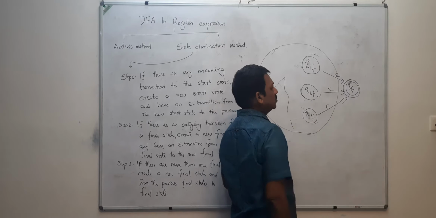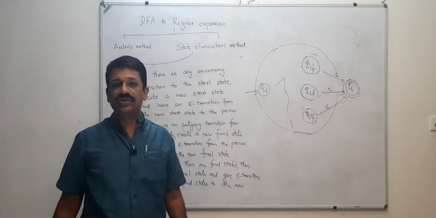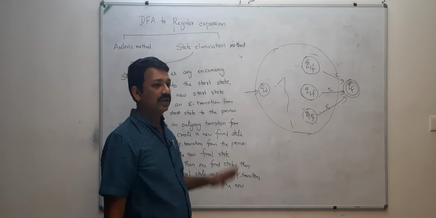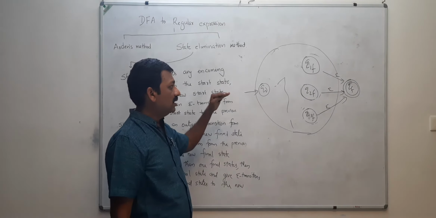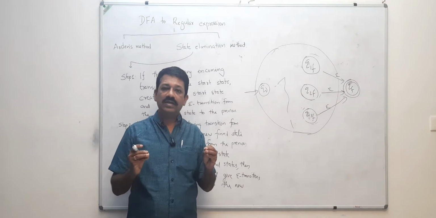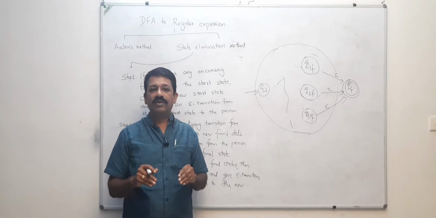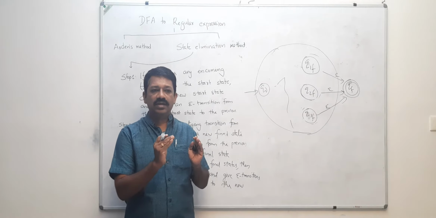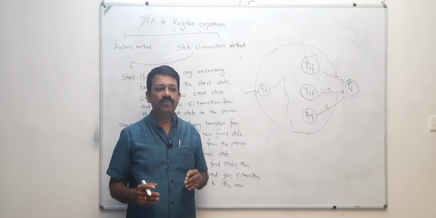Okay. So these are the prerequisites for doing this. Initially, if you have a start state which has an incoming transition, you have to create a new start state and do the minor modifications.